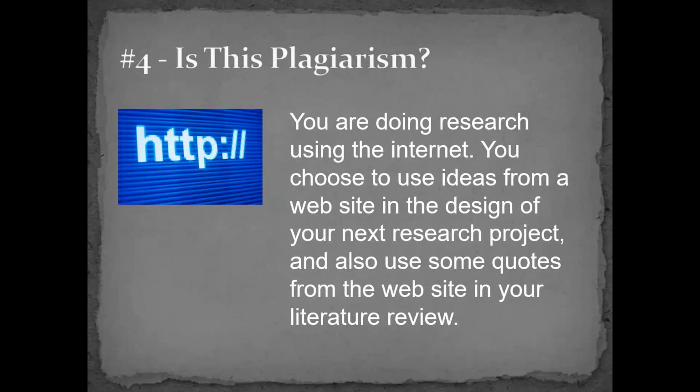You are doing research using the internet. You choose ideas from a website in the design of your next research project, and also use some quotes from the website in your literature review. Here also, direct copying is not allowed. You can refer, but you should give credit to the author.